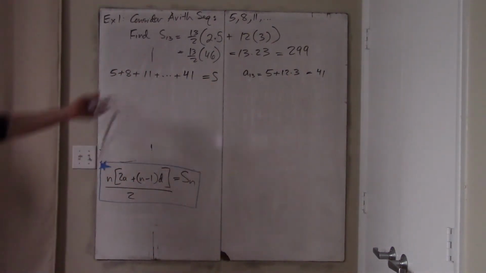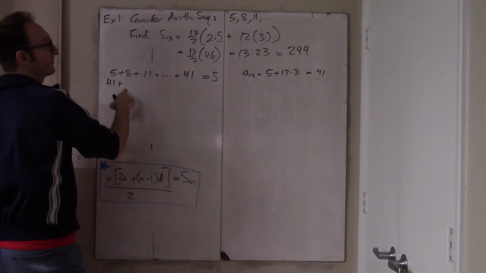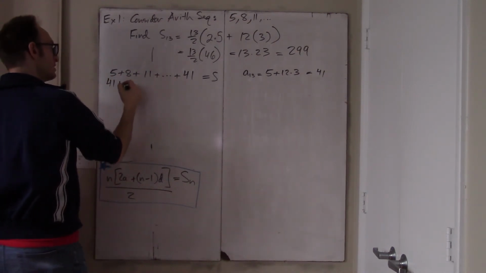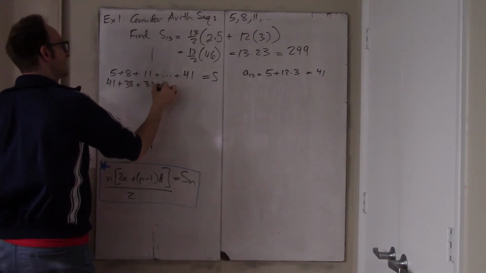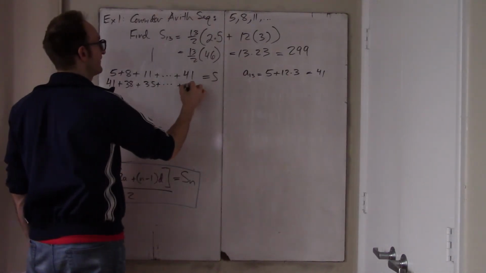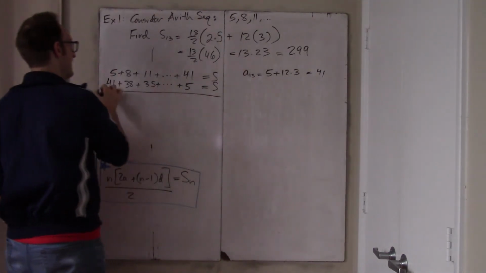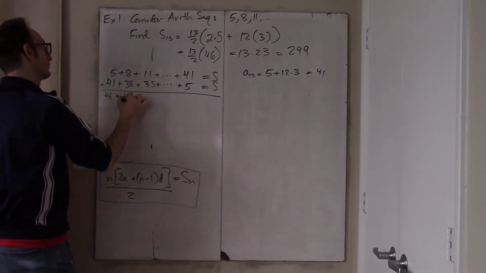And once I just write it like that, then I could just do it, right? So this is 41 plus going back 3 would be 38. Going back 3 more would be 35, and I just keep going back 3 until the final one would be 5 again. And I add these up. What am I going to get? I'm going to get 46. Here I get 46 also.